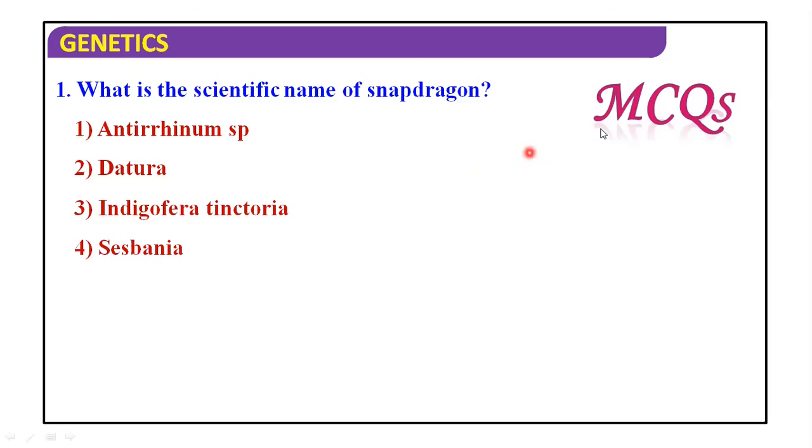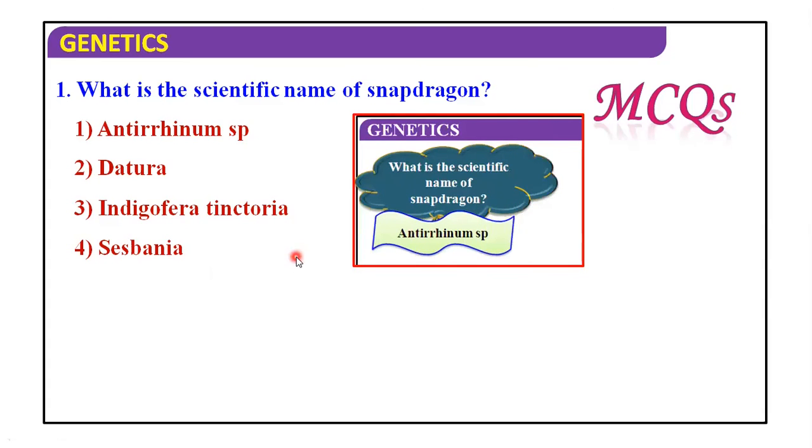Now we will see the MCQs related to this. What is the scientific name of snapdragon? Antirrhinum species, Datura, Indigofera tinctoria or Sesbania? The answer is Antirrhinum species, so the first option is correct.